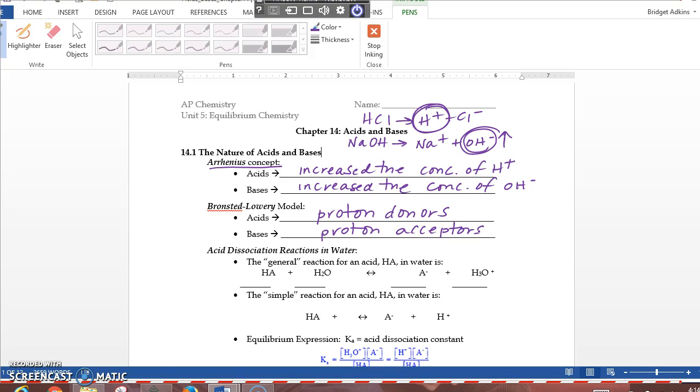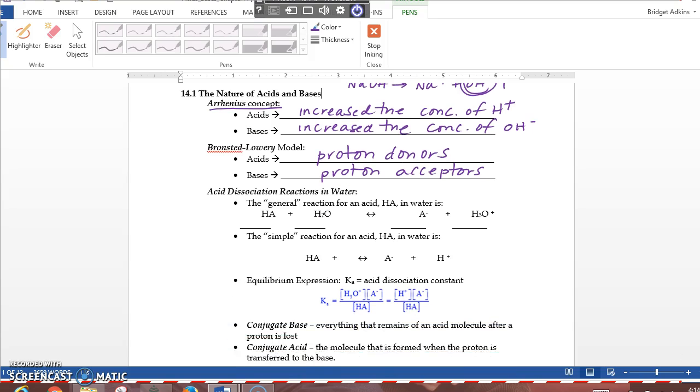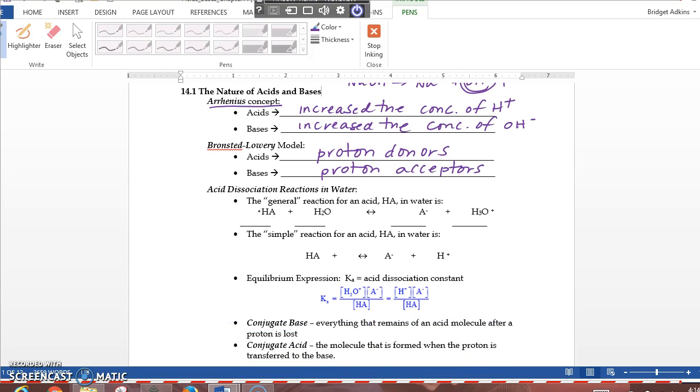So when we look at a general acid, the way they've given you this dissociation equation down here, HA can just stand for any type of acid. We see the double arrow there, which leads you to believe that this is probably a weak acid. And what you do is you try to find the things that look most alike. And you always want to look at these reactions from left to right.